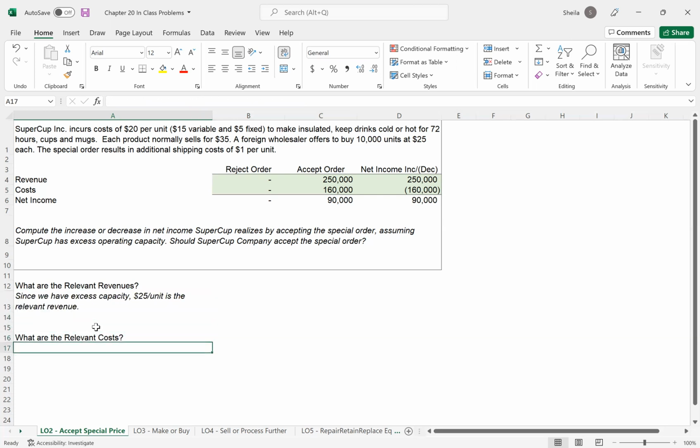Again, since we have excess capacity, we need to consider the $15 variable cost plus the new $1 variable cost for shipping. And that's accept or reject. Now I'm going to go ahead and stop the video here, and I'll come back with the second video that wraps up these other decisions.